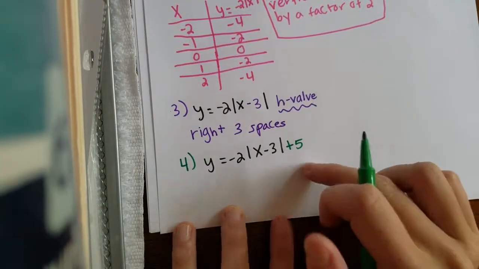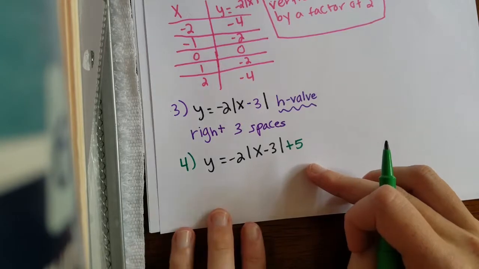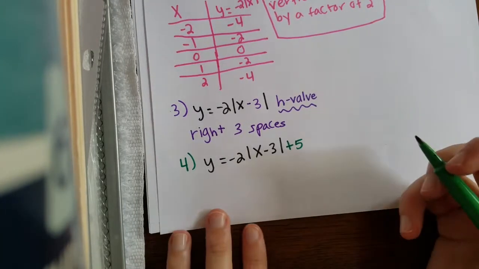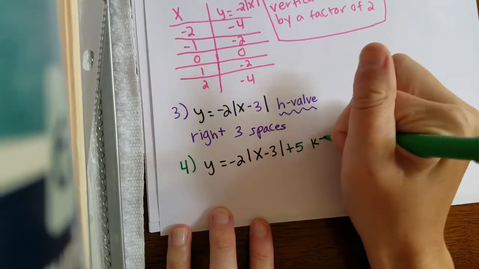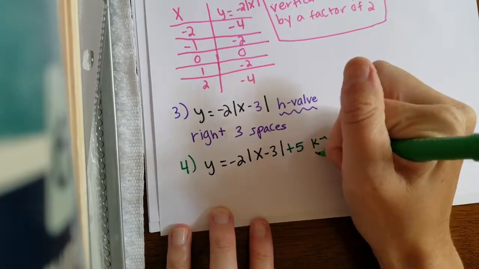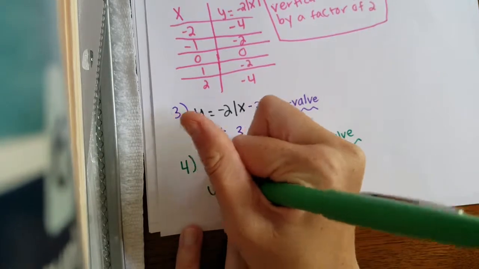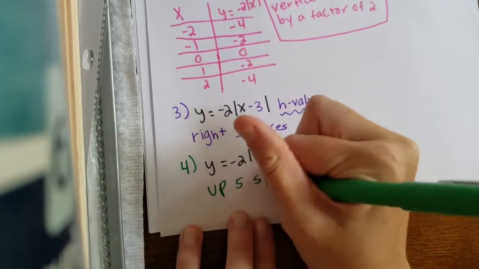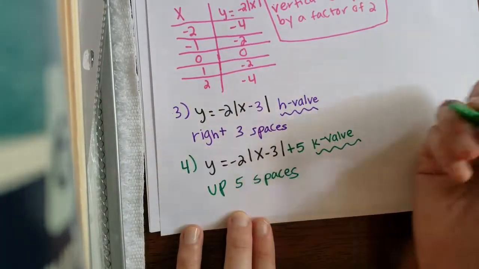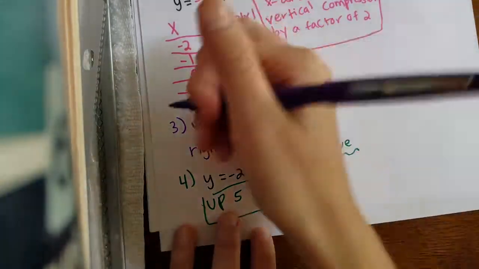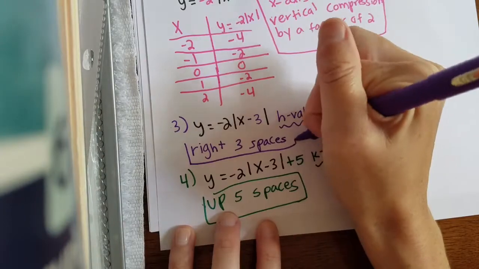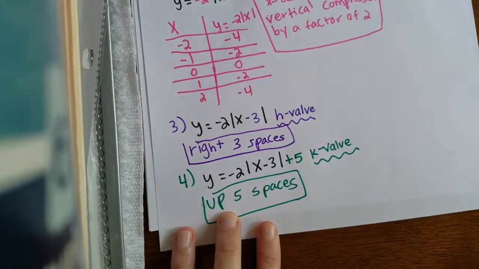Remember, when you have a positive k value, it will do what you think it's going to do. This is going to move up 5 spaces. So this is a k value, and it will move up 5 spaces. So that's what this one did. If you want to circle these, you can. It kind of states what the transformation does. I'll leave it up to you.